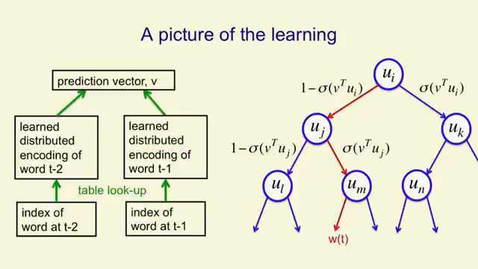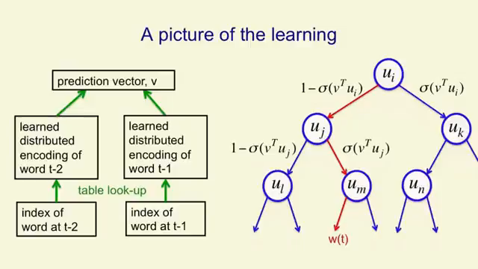So when we're learning, we use our context to get a prediction vector. We use quite a simple neural network for this, where we take the feature vector for each word, and those feature vectors directly contribute evidence in favour of a prediction vector. We simply add up the evidence contributed by those feature vectors, and that gives us the prediction vector.